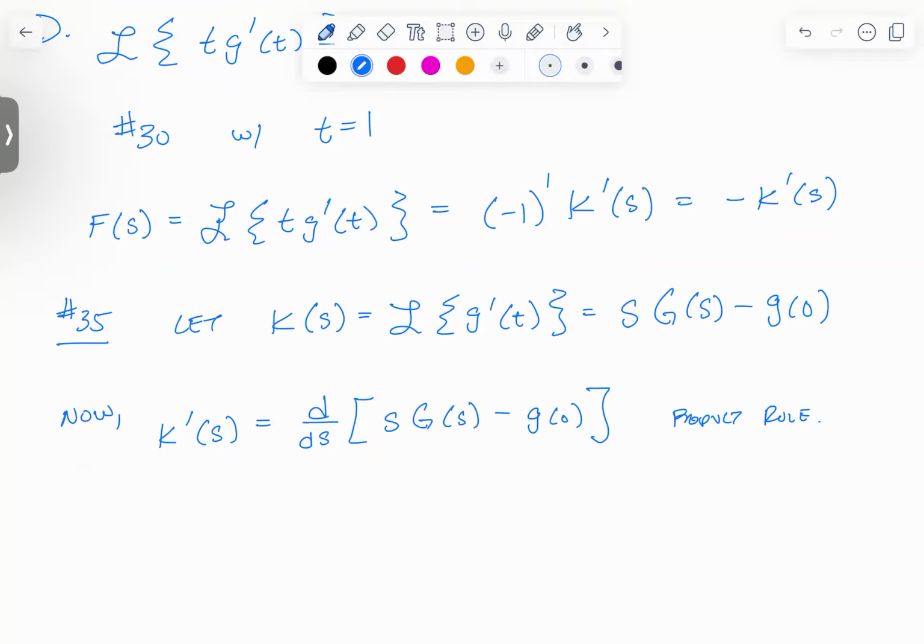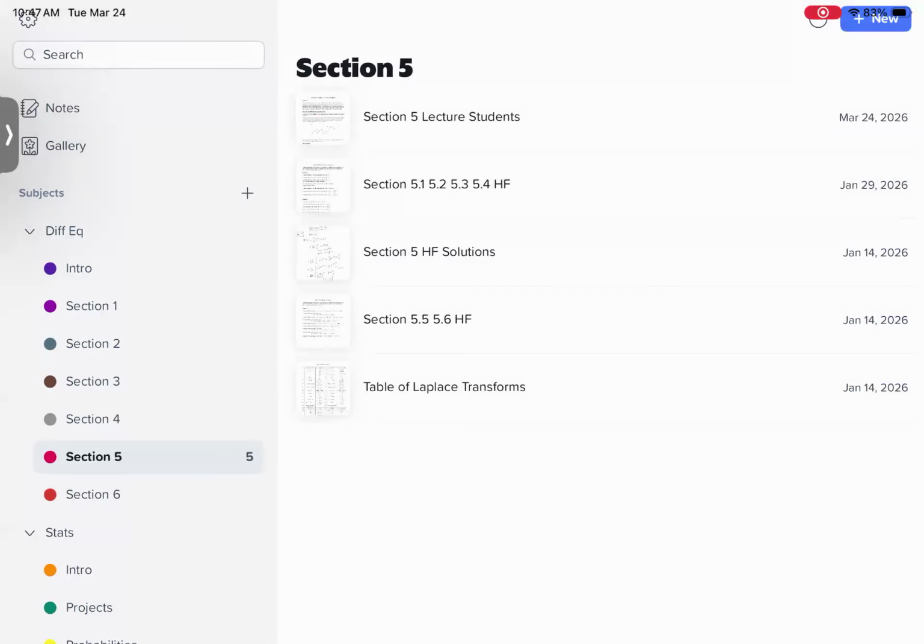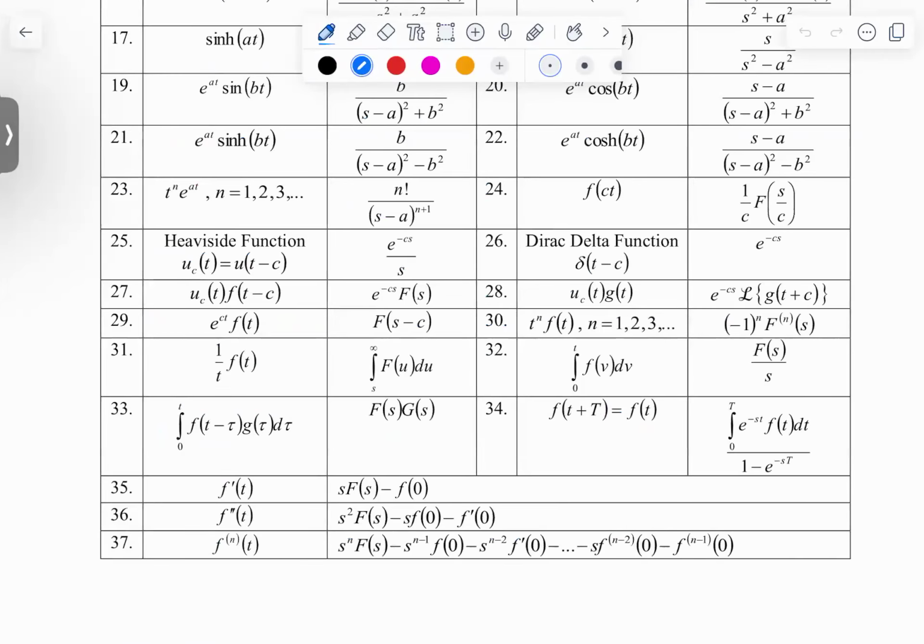So K prime, since we need the derivative using number 30, in order to do the derivative, I've identified that the g of t using number 35 is that definition from the table. It's s f of s minus f of 0, since we have g's in there.